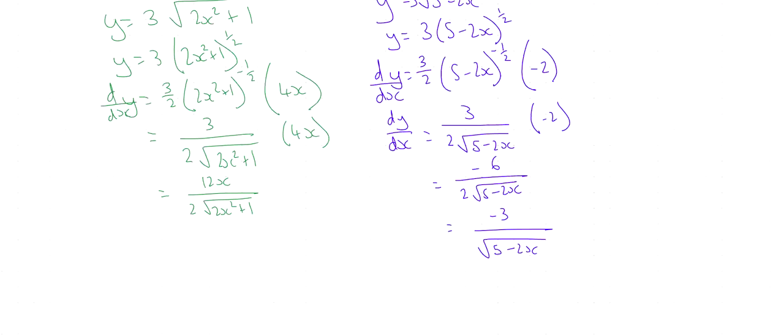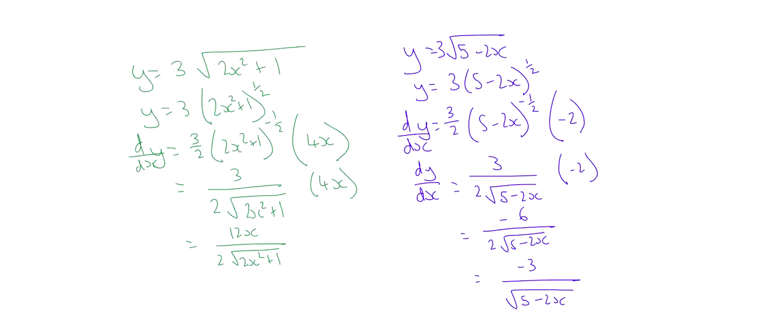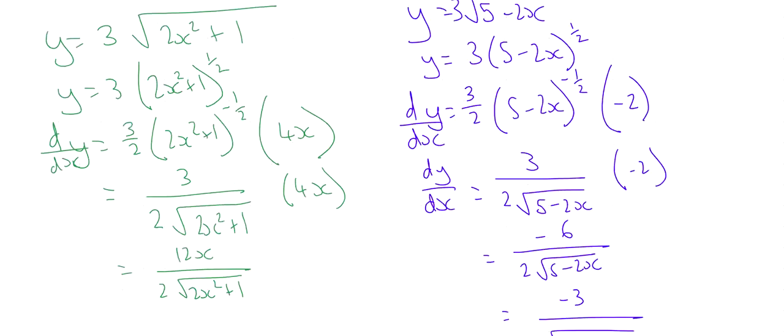Okay, let's do one more where we start with fractions, because that's all the fun we want. So what if I give you y equals 5 over 5x squared plus 3, all to the power of 4?